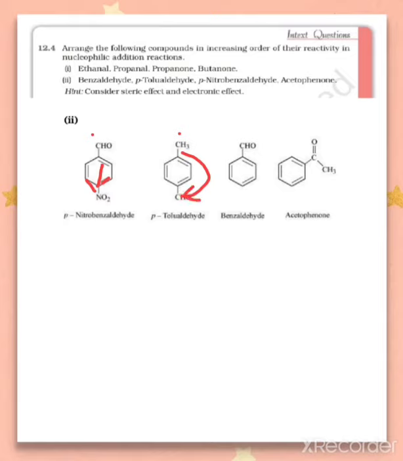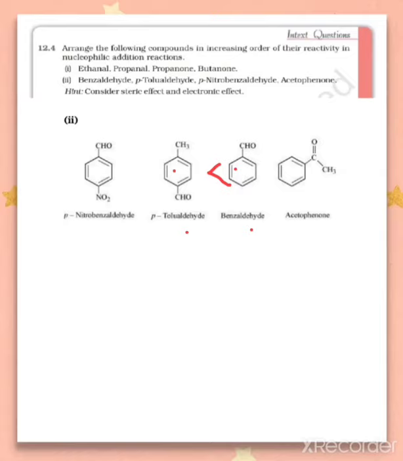Because of this, the carbon will have more partial negative charge. That means the positive charge decreases. So when we compare the reactivity of paratoluene with benzaldehyde, it will be lesser. So we can say that paratoluene is less reactive than benzaldehyde.